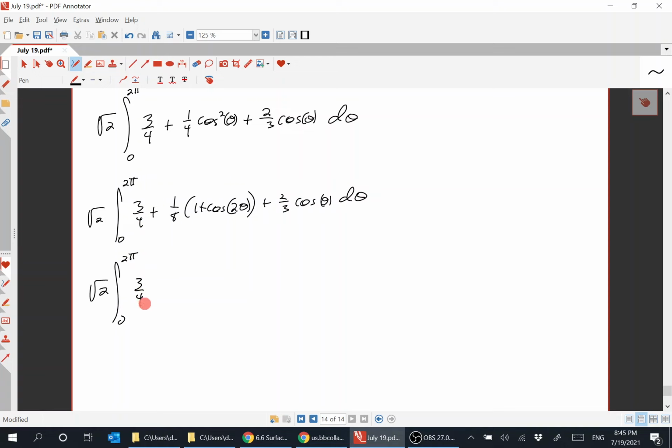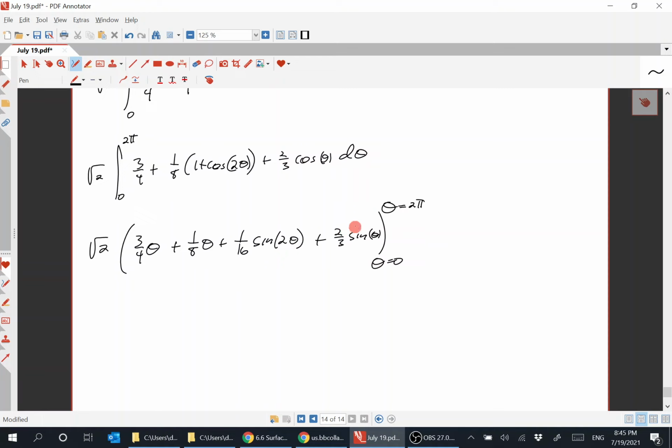So this is 3/4 theta plus 1/8 theta plus 1/16 sine 2 theta plus 2/3 sine theta, theta equals 0 to theta equals 2 pi. So this is the square root of 2, 3/4 of 2 pi plus 1/8 of 2 pi, and these sine terms are both 0.